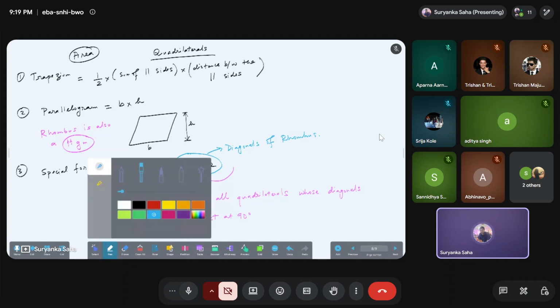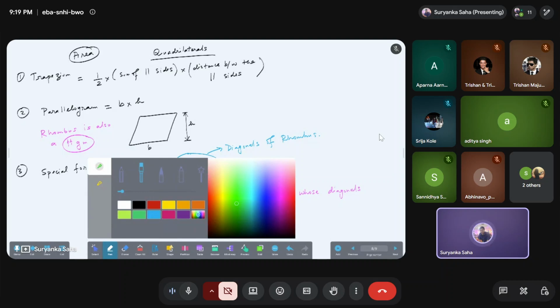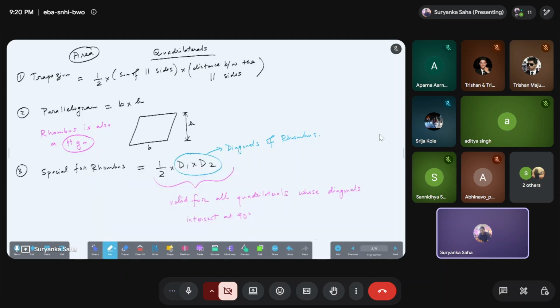It is valid for a square. So this half into d1 into d2 is valid for squares also. You may not have done this in class 8, maybe you didn't know that half into d1 into d2 is valid for squares also.